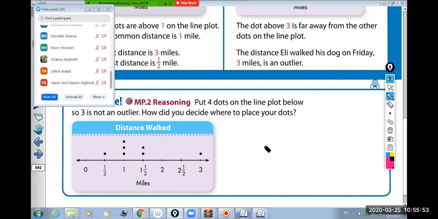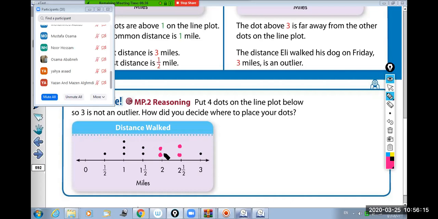Where do I put the points? Where is the space? Here is the space. So we need to reduce the space, so I will put the dots here. Do you understand or not? Now I put here the dots, to make the space reduced.